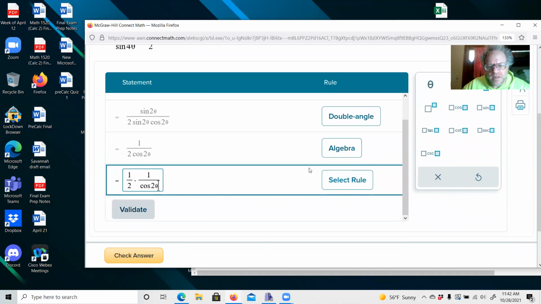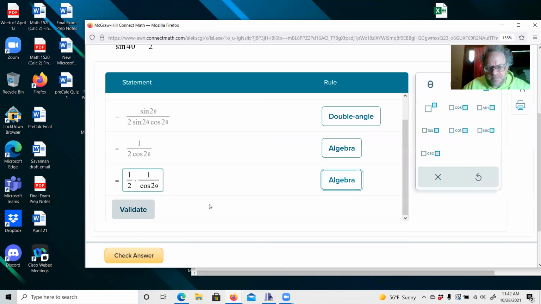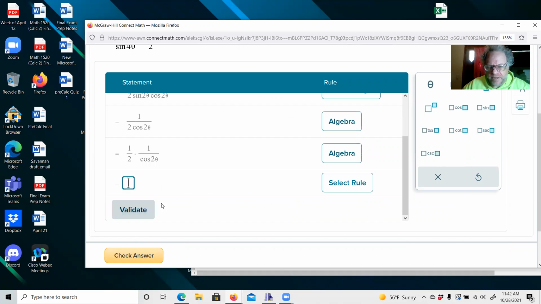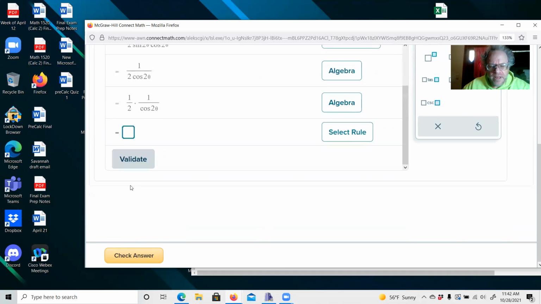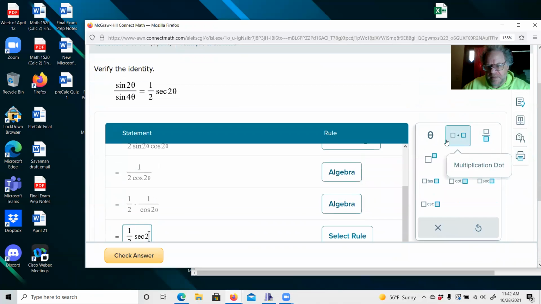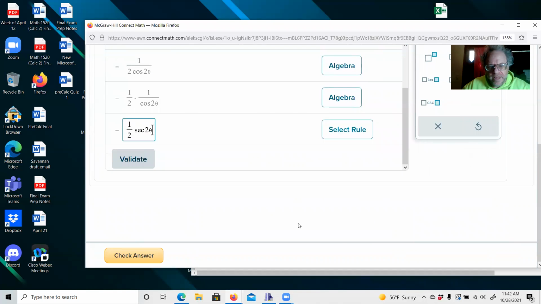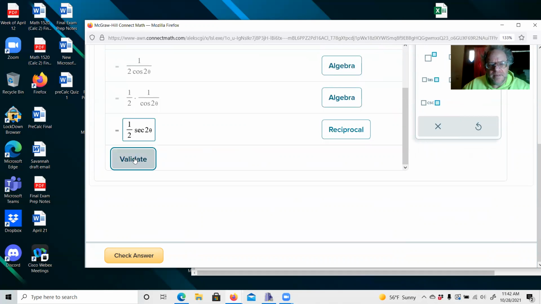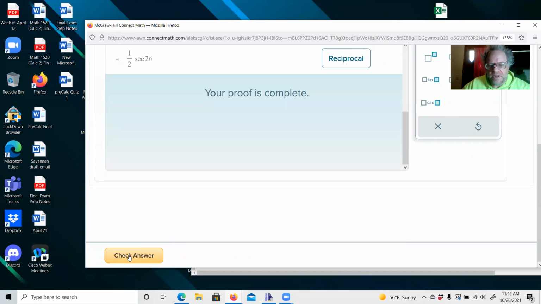We used some algebra. Validate. And this is 1/2 secant of 2 theta. And this was a reciprocal rule because we went through and did that. Validate. And we are done.